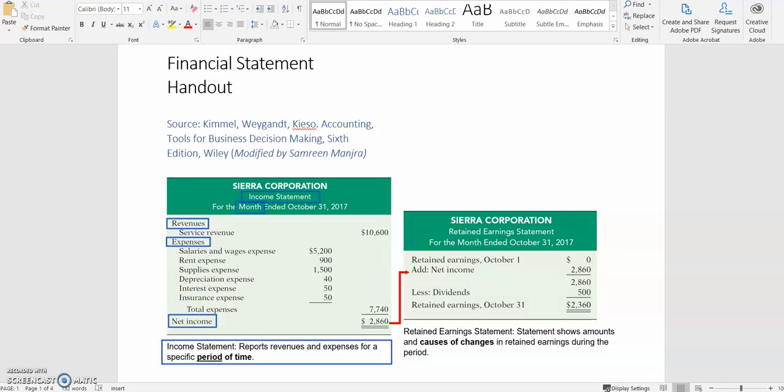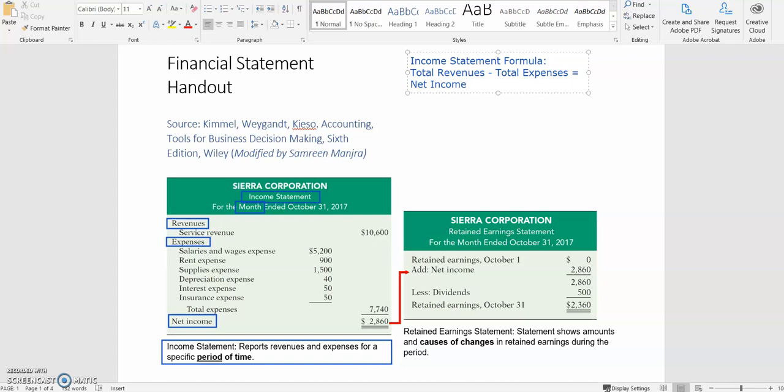The main thing that you want to get from this income statement is the formula for net income. So for the income statement, the formula that you want to note or write down is total revenues minus your total expenses equals your net income.